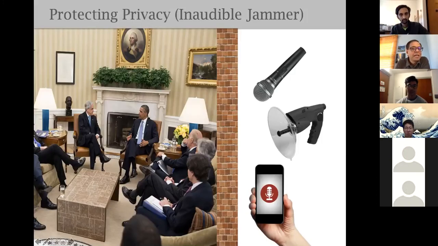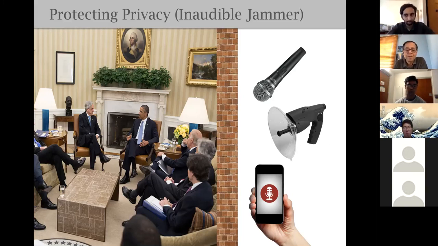Another more interesting application is inaudible jammers. You know, spy microphones, from the Cold War to even recently in the last presidency, there were issues about someone recording the president through a small microphone, right? What do you do?